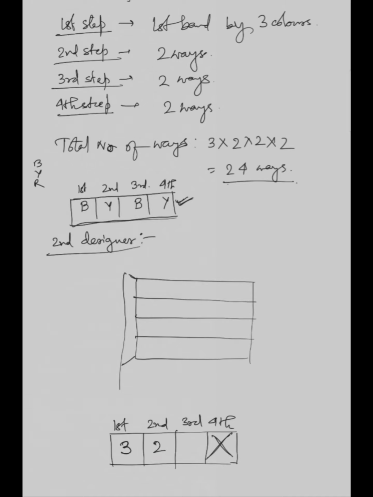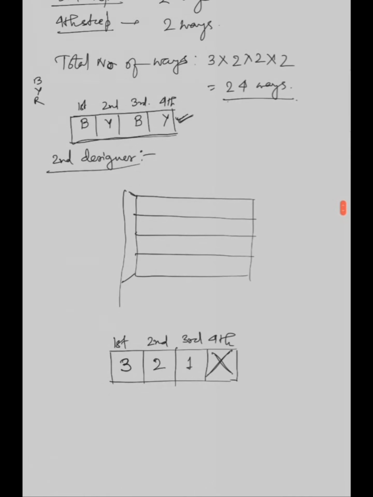Two colors have been applied, so only one color remains, and that must be applied in the third box. So the number of ways should be 3, 2, 1.